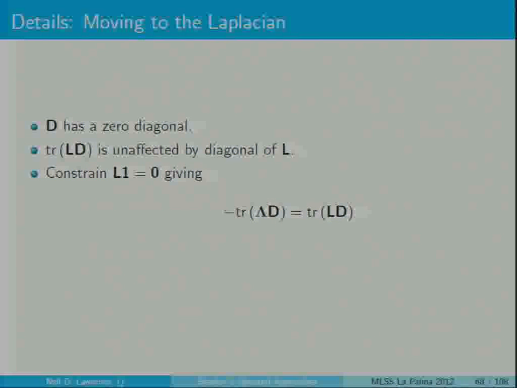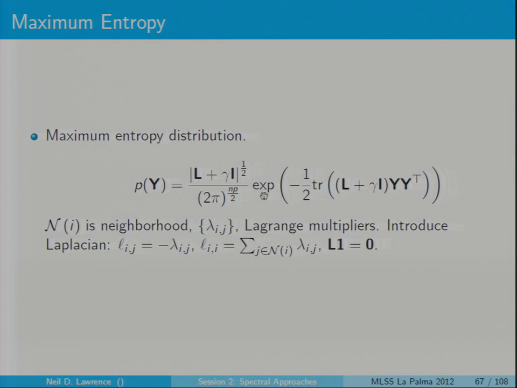So, okay, here's just the review of how you move between those two representations. Minus trace of the Lagrange multipliers times the distance is equal to, in our definition, because the diagonal of the distance is 0, trace LD is unaffected by the diagonal of L, is equal to the trace of L times D, because we've set the elements of L off diagonals to be negative Lagrange multipliers.